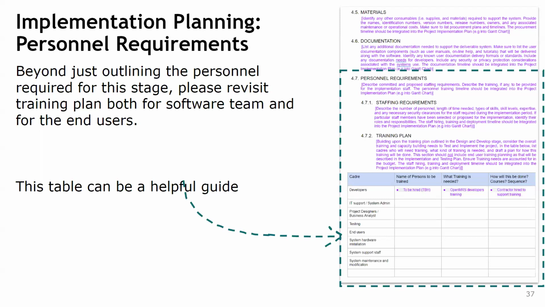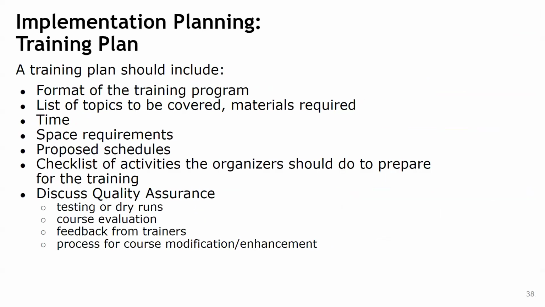So we need to take note of that. For example, if we are implementing and training 30 organizations as compared to one organization, we need more trainers. So that's something we need to take care of in advance, and then plan for those people to be trained to deliver the implementation.